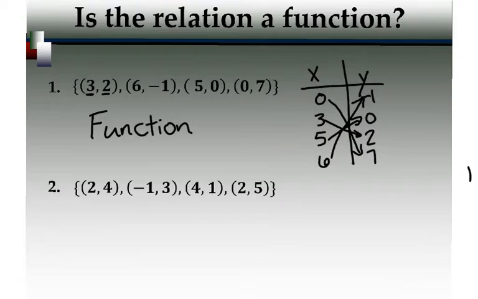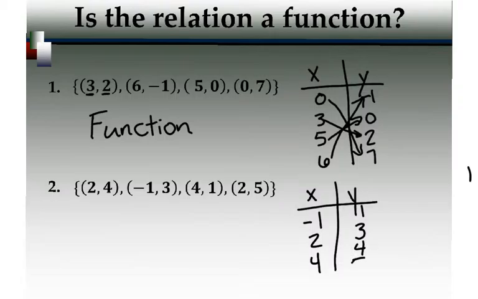Now let's look at this relation that I have down here. Let's do the same thing. Write your x and y values. So -1, 2, and 4 are my x values. And then I have y values of 1, 3, 4, and 5. Now let's write our corresponding values to each other.